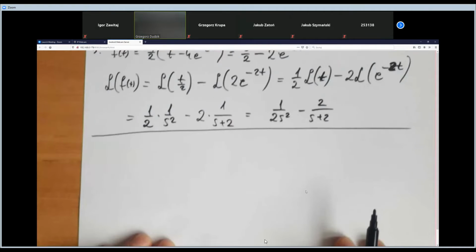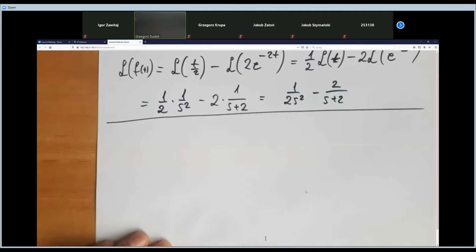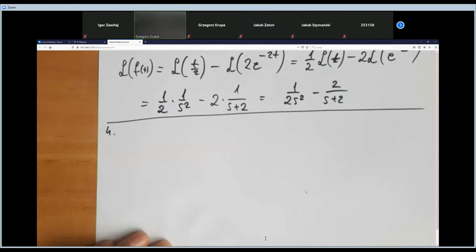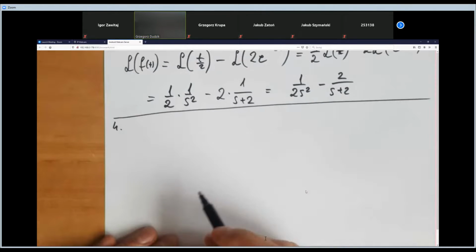Okay. What else? Maybe we can make another example with this unity function which is shifted, because I think we have to make much more practice with it.